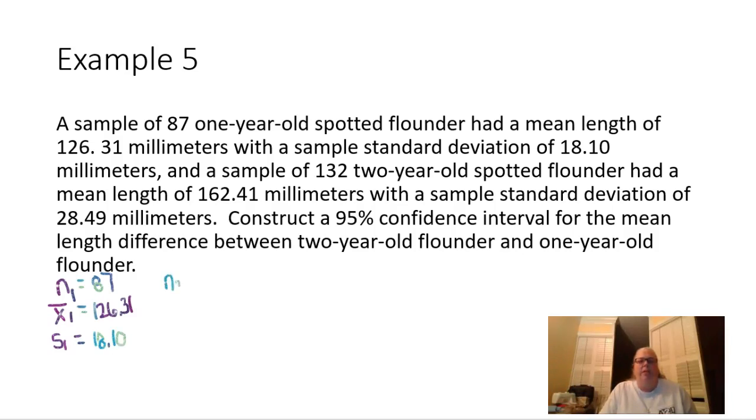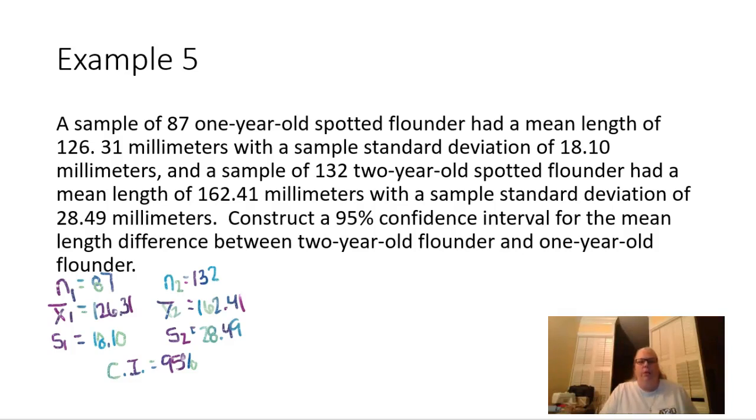We have another sample of flounder that has 132 in it, and the mean length for these is 162.41, and the sample standard deviation for this sample is 28.49. And they also told us we want our confidence interval here to be 95%.